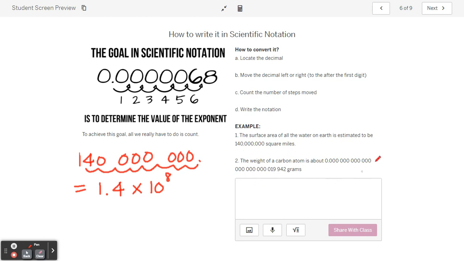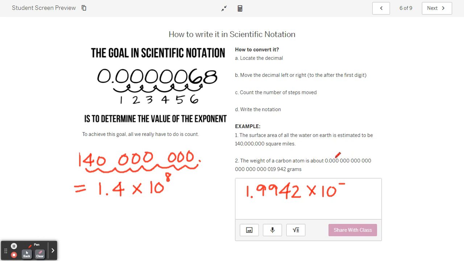So having a number like this is not super significant. But instead, let's count the number of zeros there are, and we're going to move it so that we have 1.9942 times 10 to the negative something.